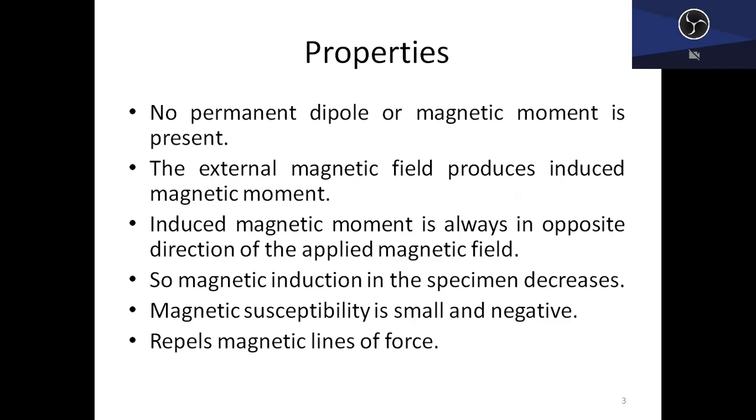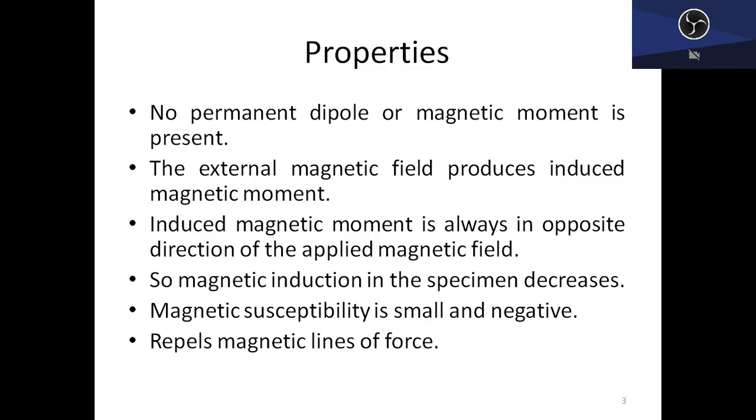Whenever you apply an external magnetic field, definitely there will be an induction of magnetic moment, or the magnetic material will behave as a magnet, when an external magnetic field is applied to the diamagnetic material. Since it is behaving as a magnetic material when you apply a magnetic field, in which direction will it be?